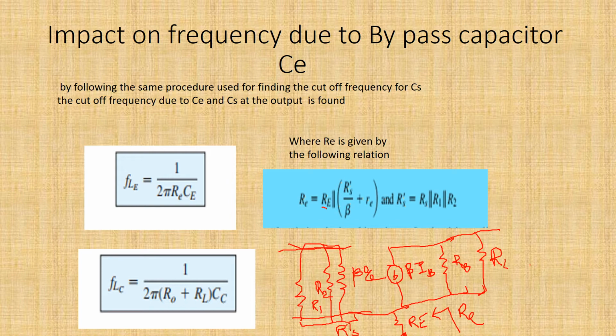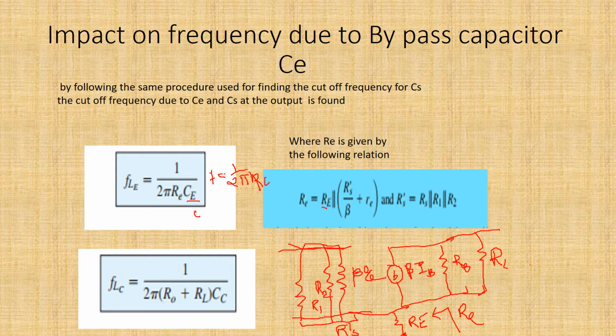Rs dash is Rs parallel R1 parallel R2. In this way you get a resistance that is Re, which is representing your R in this present combination, and CE is nothing but C. So in general form you can write frequency is equal to 1 upon twice pi RC.